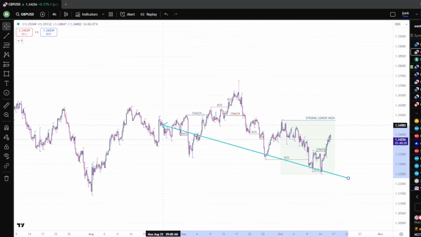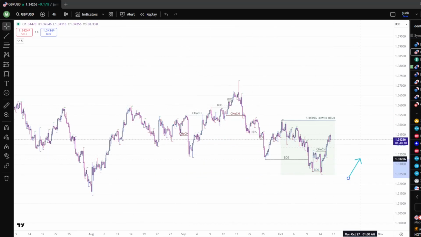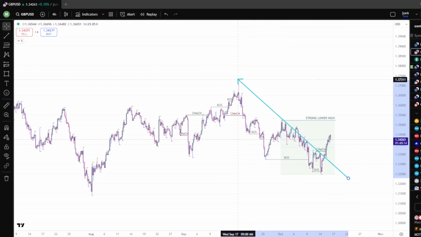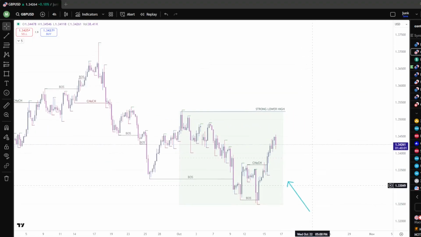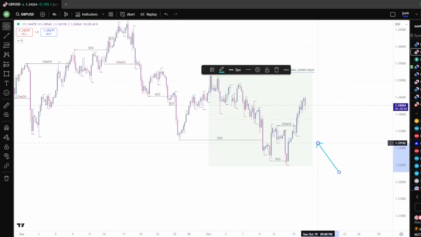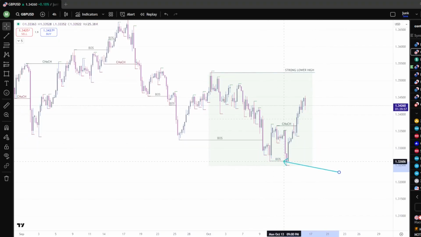And overall structure, it has just been consolidating pretty much, but internally, swing structure, we made this the high, lower low, lower high. Out of this area of supply, price continued to push down and kept breaking structure to the downside. Of course, this must also have formed a double bottom, just like with Euro USD down here. Broke structure again, maybe a sweep or buyers step back in, and now broke structure to the upside.